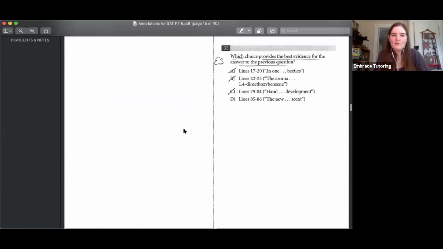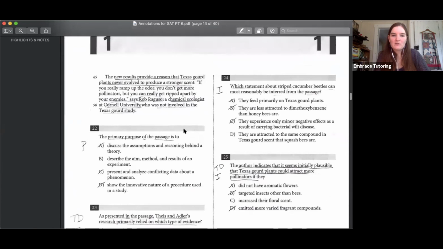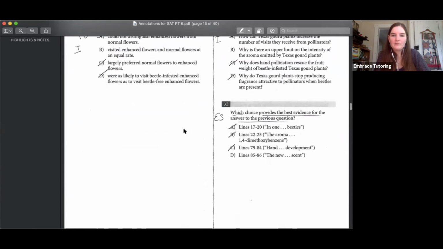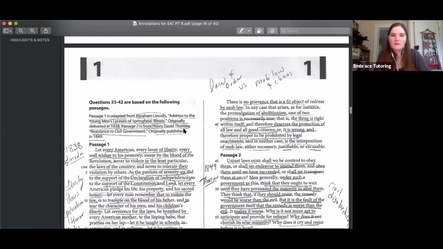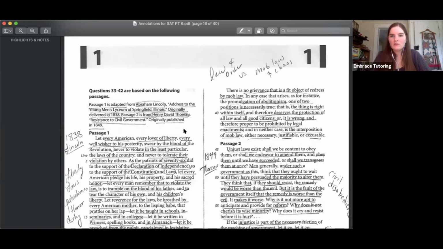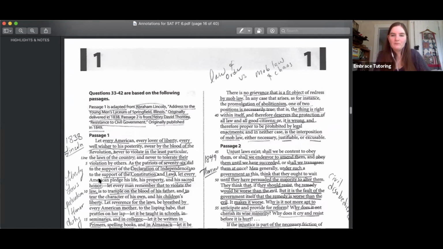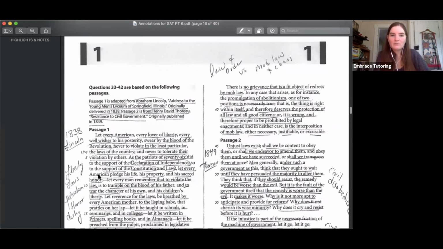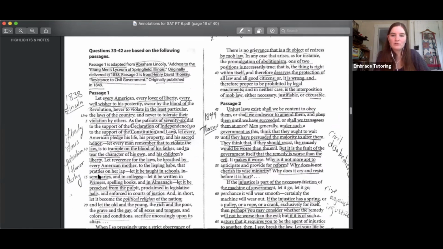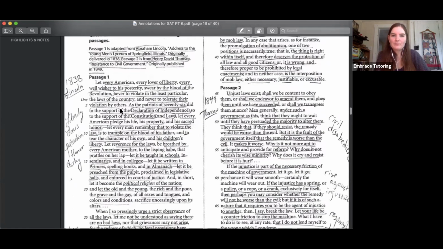You may have had questions on the science passages too, but I think historical works tend to be less straightforward for most students. So no one had any questions from the paired passage for this week? Or it makes sense?